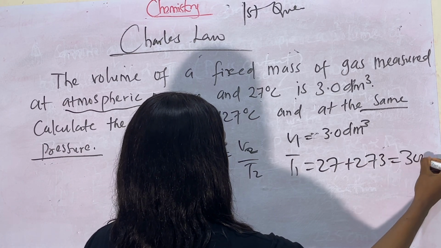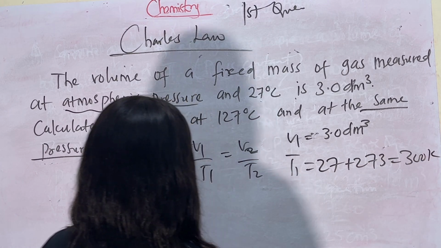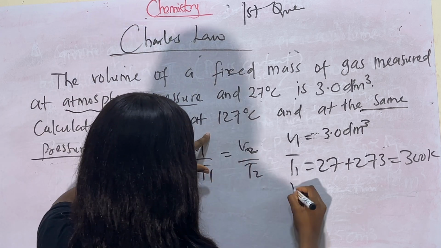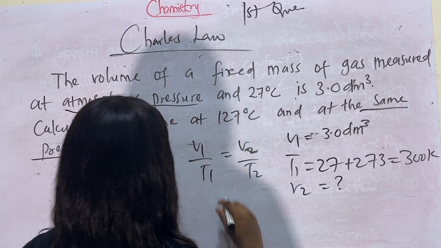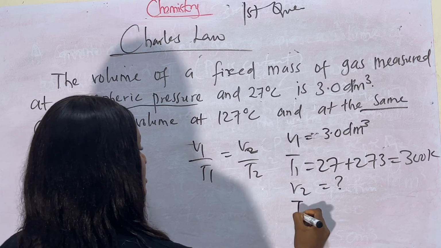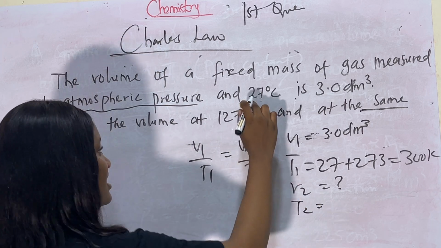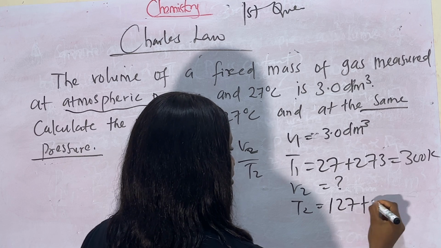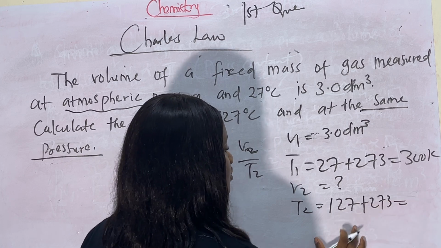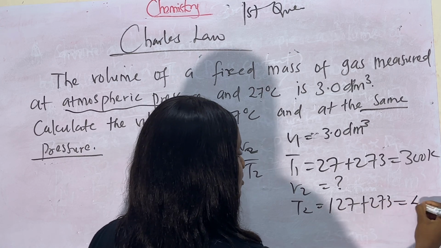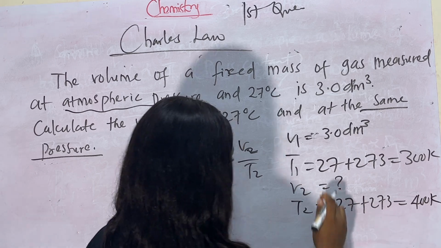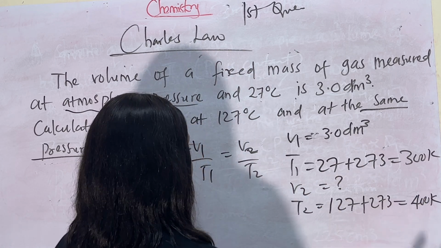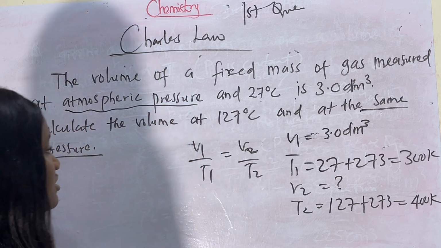This is going to give me 300 Kelvin. All right. So the next thing I want to do is V2. But they said calculate the volume. So meaning that my V2 is what I'm looking for. Now T2 is 127, still in degrees Celsius. So I say 127 plus 273, which is going to give me 400 Kelvin. If 27 plus 273 will give you 300, of course, adding 100 to it is going to give you 400 Kelvin.